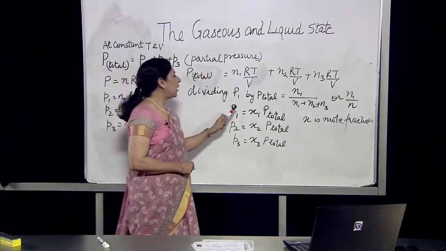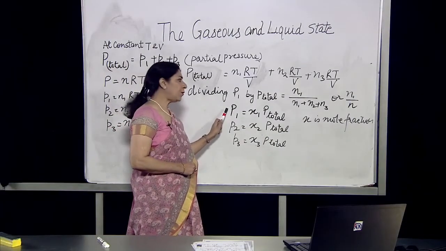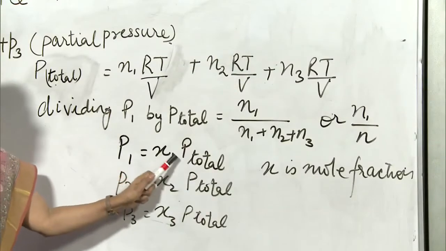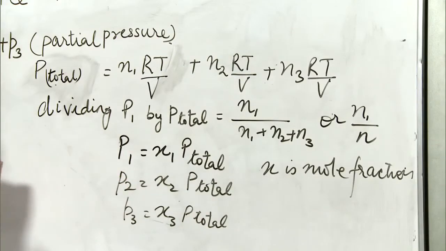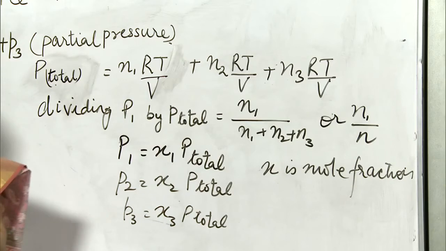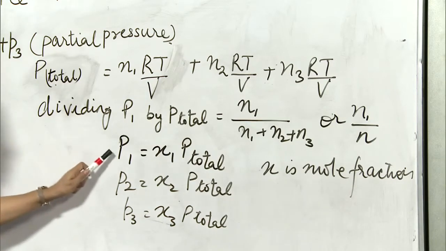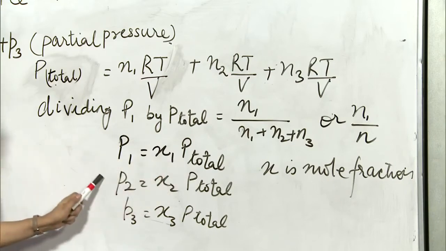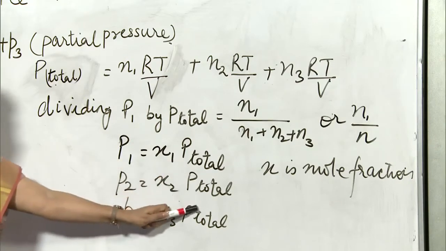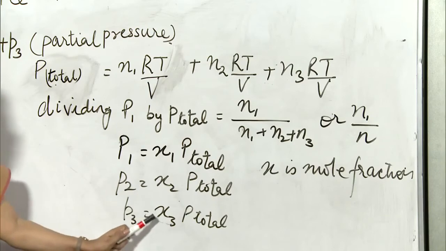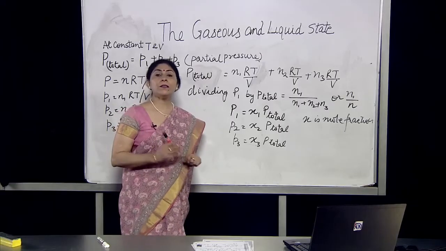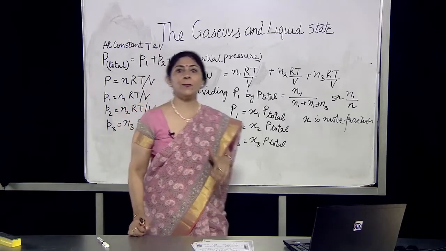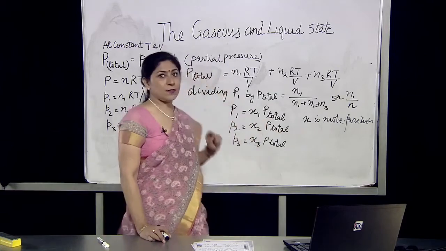Now, we can also write P1 equals X1 P total. What is X here? X is the mole fraction. So P1 equals X1 P total, P2 equals X2 P total and P3 equals X3 P total. This was described by Dalton.